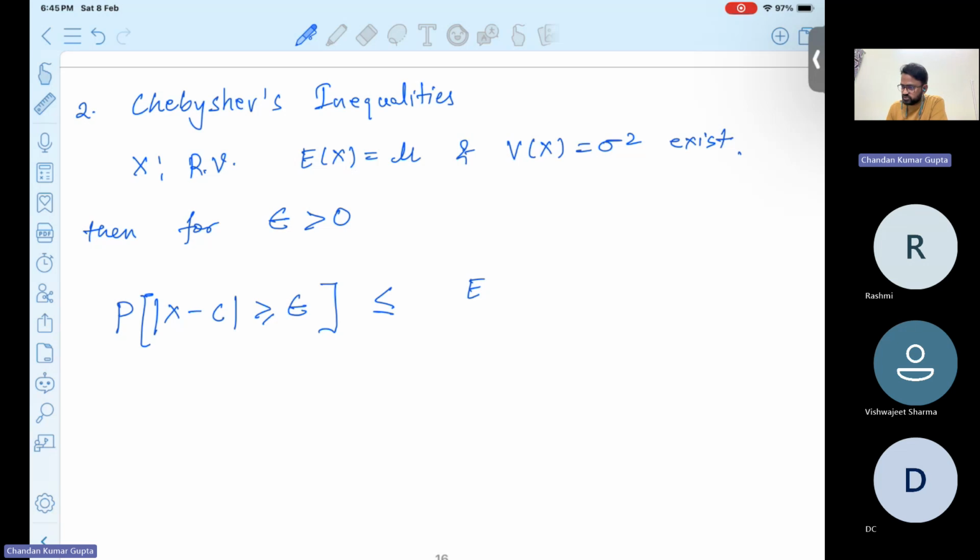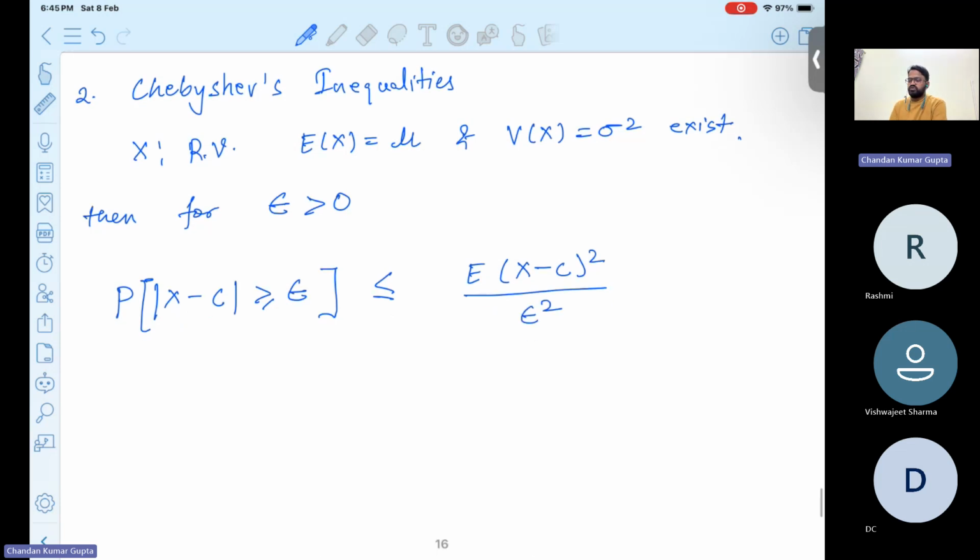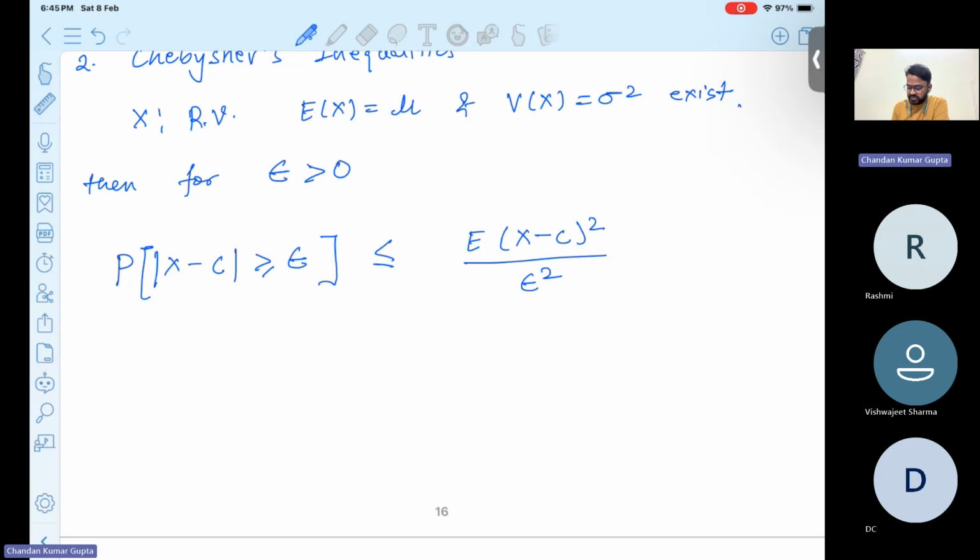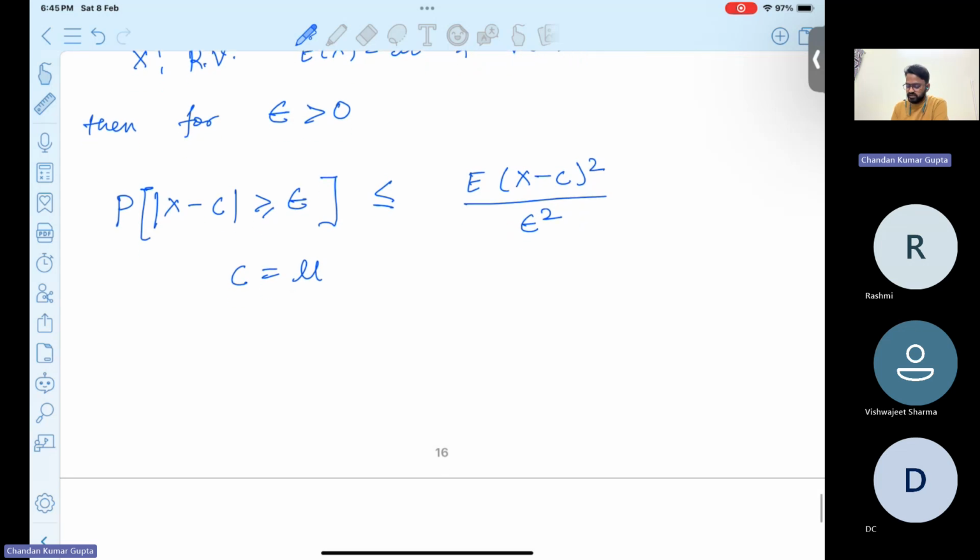So this comes out to be the expected value of x minus c whole square divided by epsilon square. In particular, suppose we take the value of mu as c.